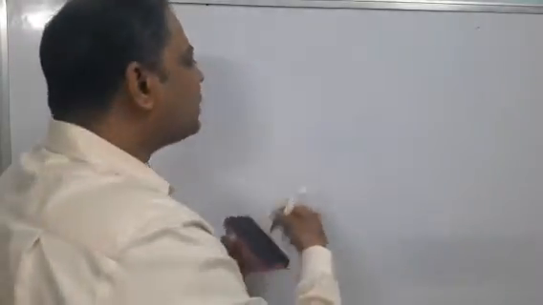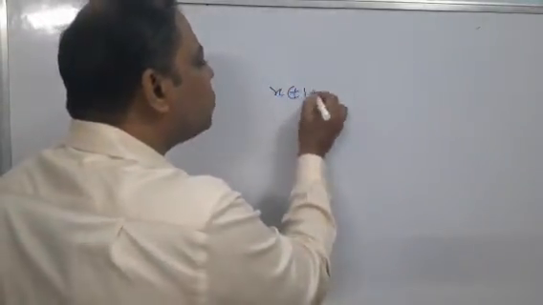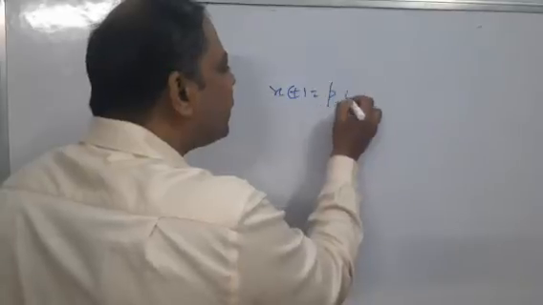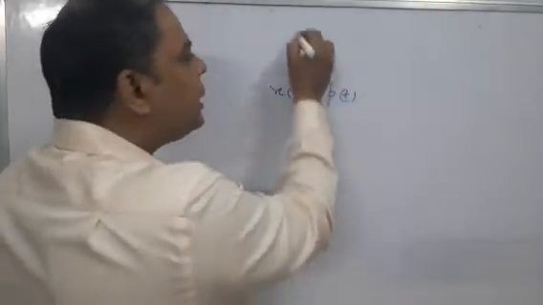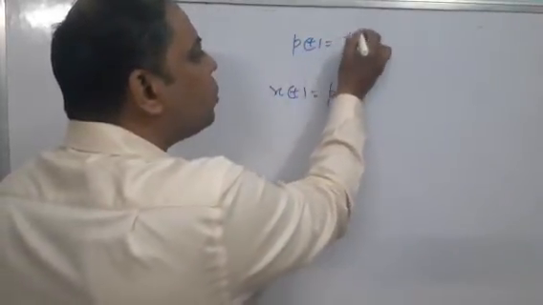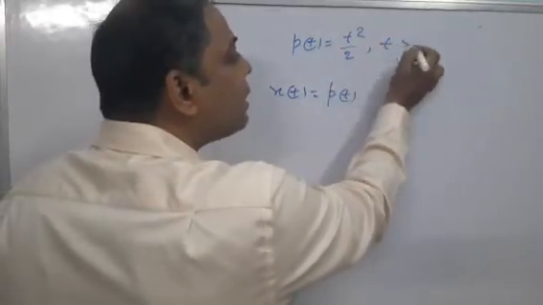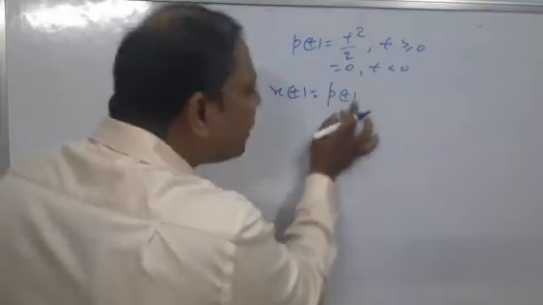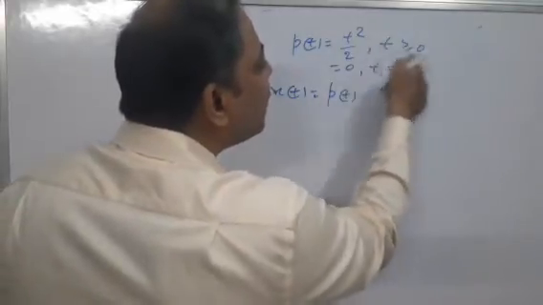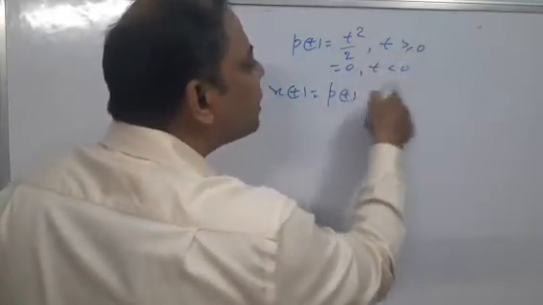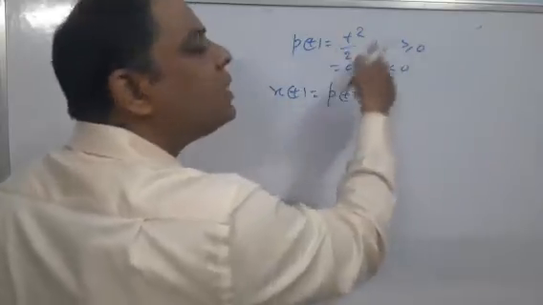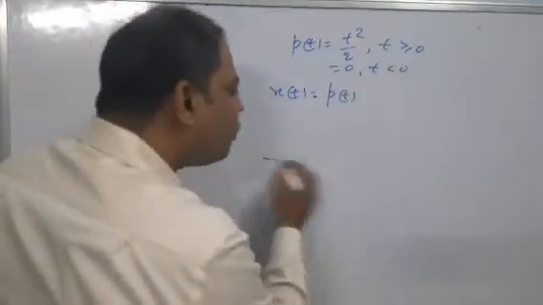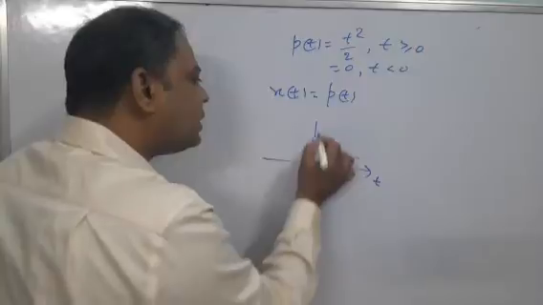Now next see, suppose x(t) is equal to parabolic p(t). You know p(t)? p(t) is equal to t square by 2, when t is greater than or equal to 0, and it is equal to 0 for t less than 0. That means within the definition of p(t), already the t range is mentioned. In what range, which equation, that is mentioned. So what you have to do, this is your time axis.